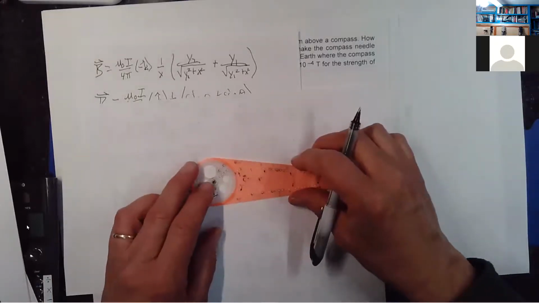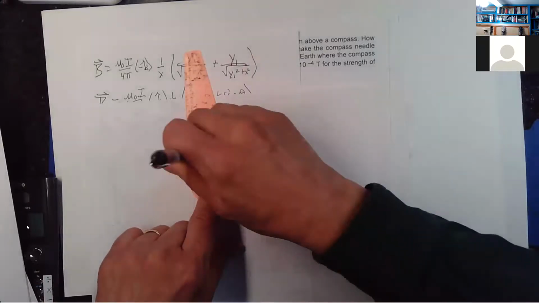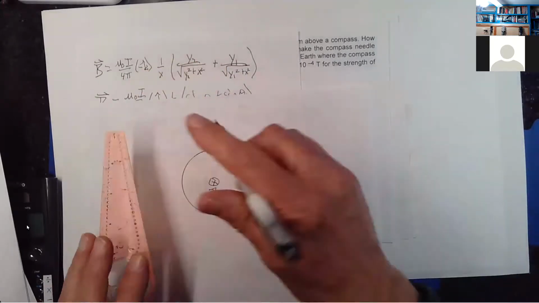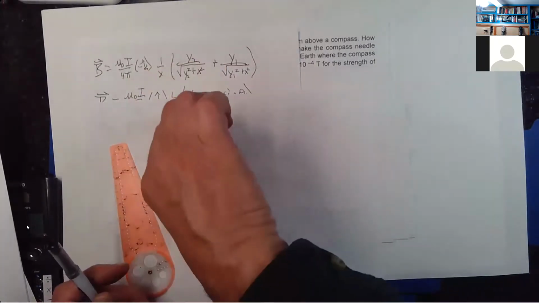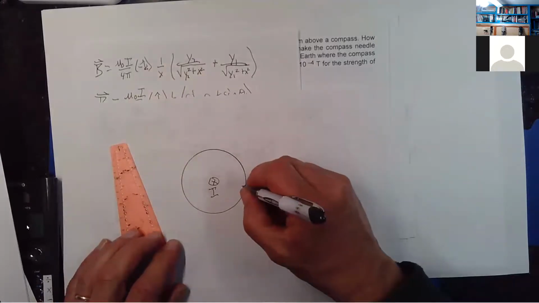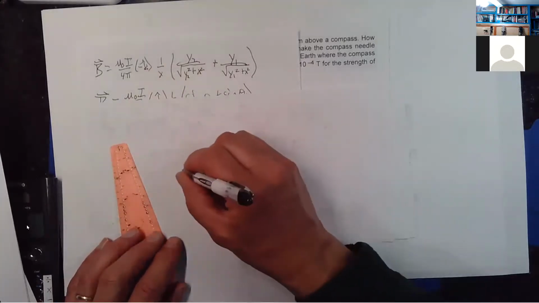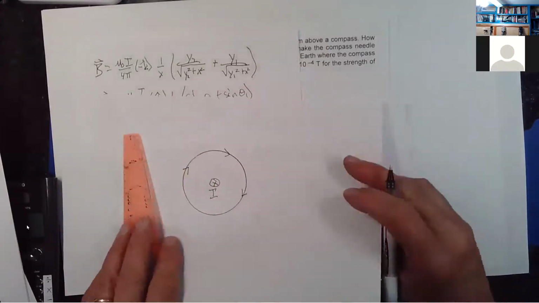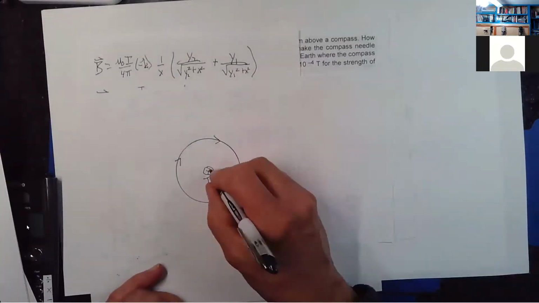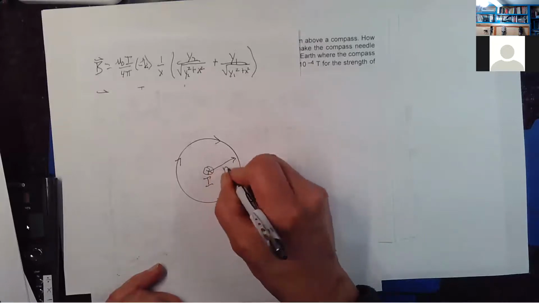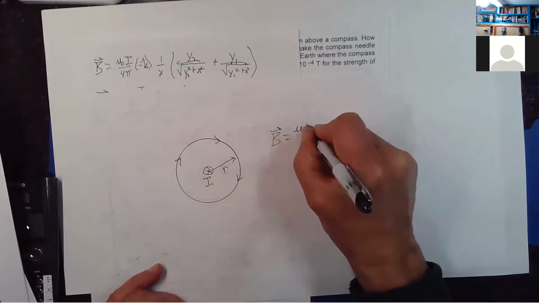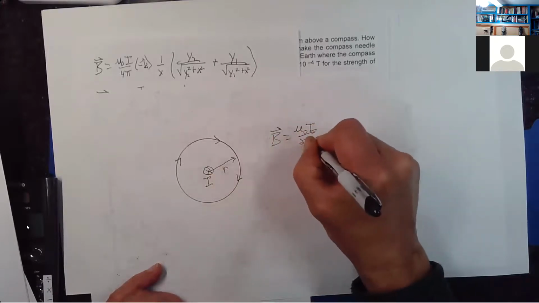The magnetic field of that long wire, this is a wire current going into the page there, ends up being concentric circles around the wire, and the strength of that magnetic field ends up being, if we say this is the distance r, the strength of the magnetic field will be mu naught I over 2 pi r.